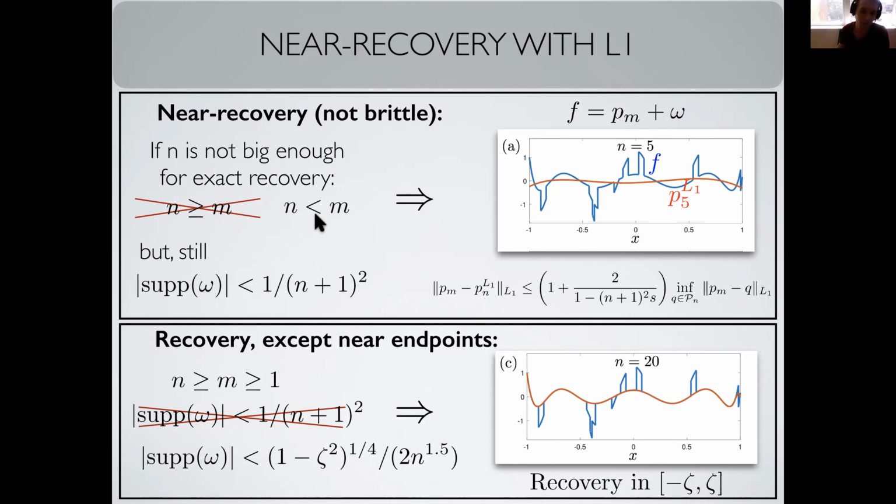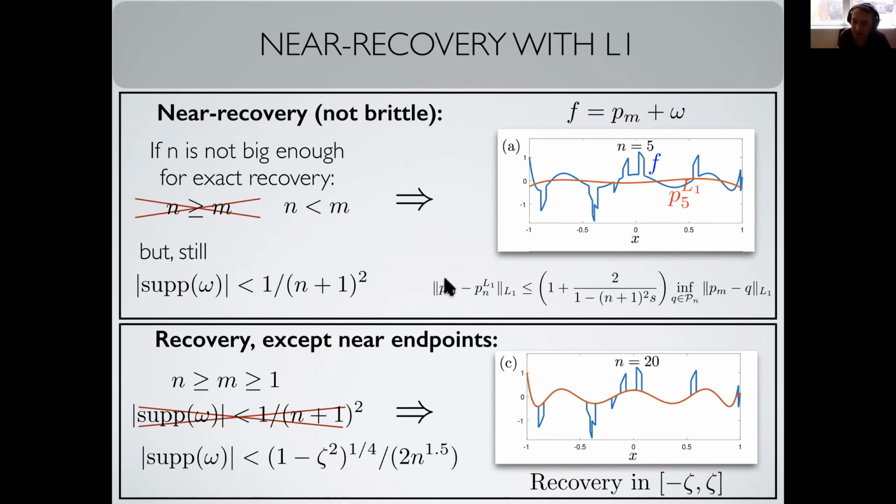And that's what we show. Supposing you still haven't got too much corruption, but you've picked n way too low, what you can show by another kind of concentration argument is that your best L1 approximation approximates the PM almost as well as it can.